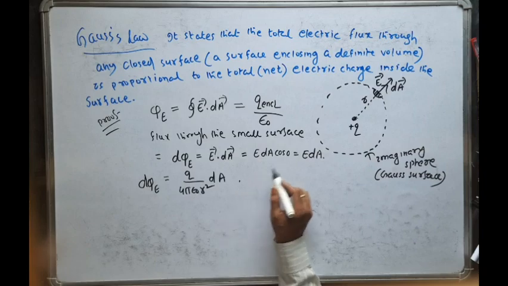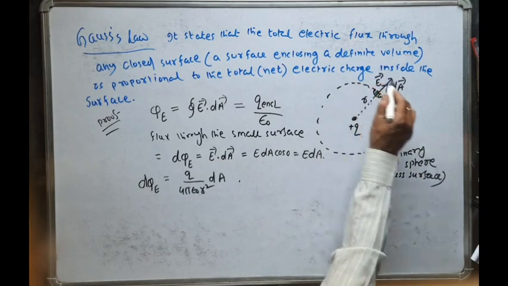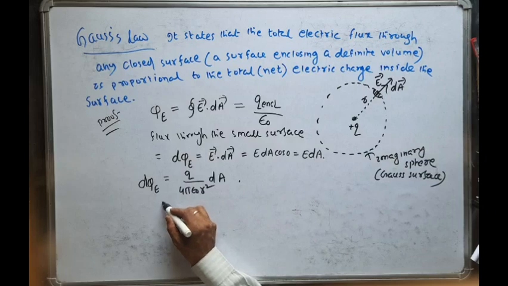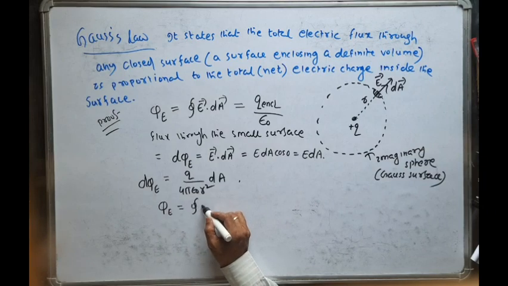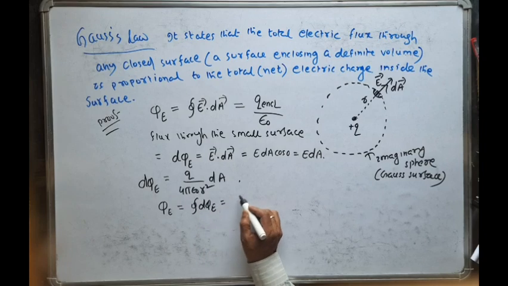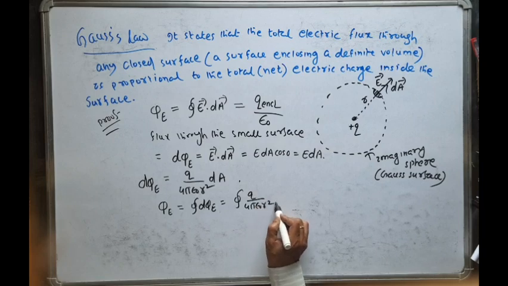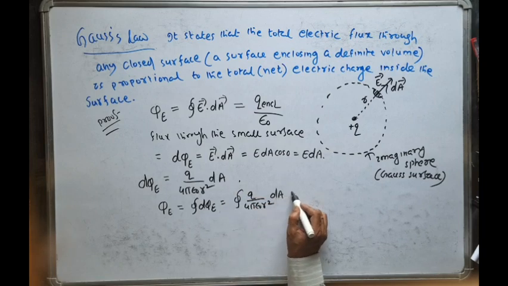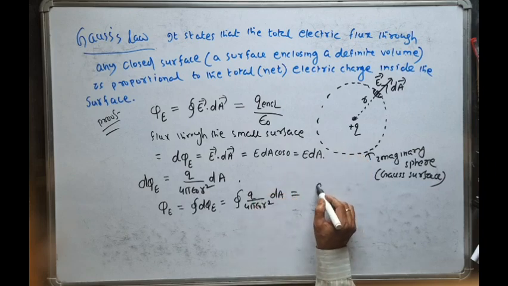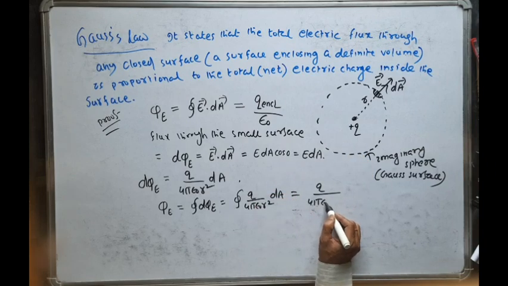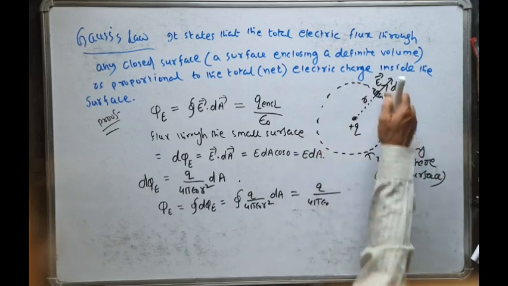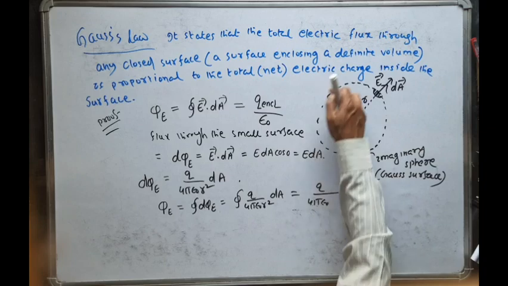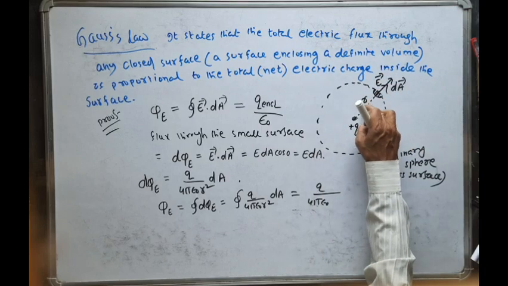But I want to find the total flux through the whole Gaussian surface. So the total flux can be written as phi e, which is equal to the surface integral of d phi e, which is equal to the surface integral of q by 4 pi epsilon naught r square into dA. Now q is constant and 4 pi epsilon naught is constant, and when you are integrating over the whole surface, every element of the surface is at the same distance r from the center.